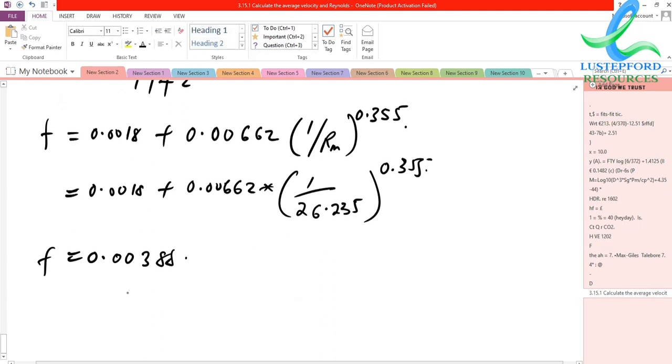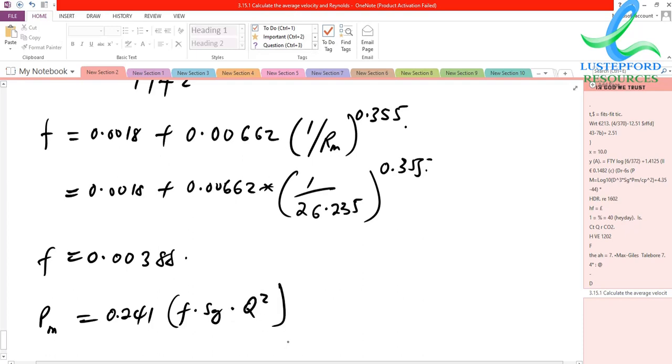Now I use the Shell-MIT formula to get our pressure drop per mile. So this Pm will be 0.241 times the friction factor times the specific gravity times the flow rate squared, divided by D raised to power 5.